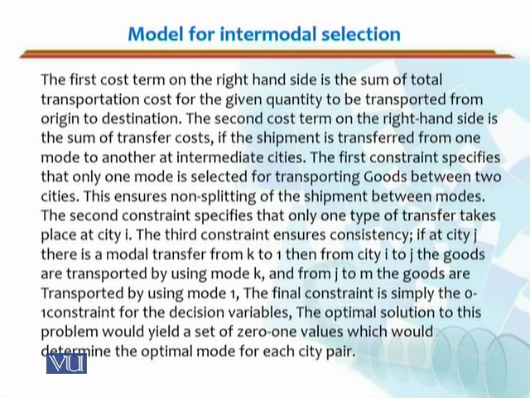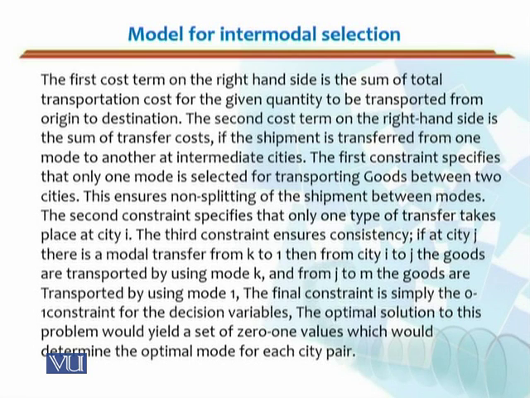And if the shipment is transferred from one mode to another at intermediate cities, the first constraint specifies that only one mode is selected for transporting goods between two cities. So the sum of all xi,i+1,k ensures that one mode of transportation is selected.